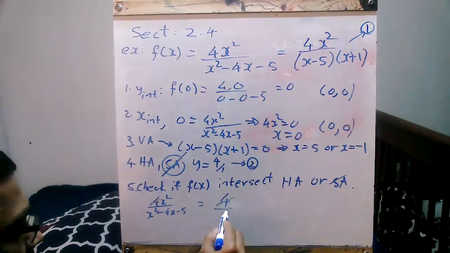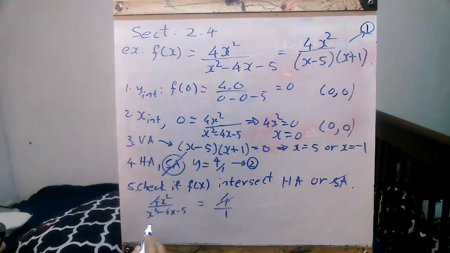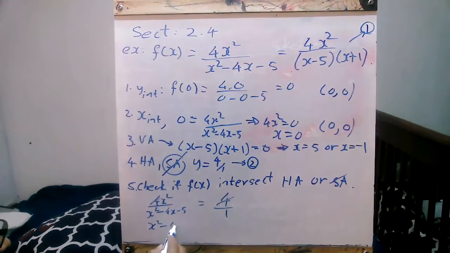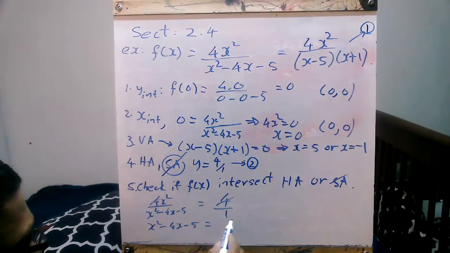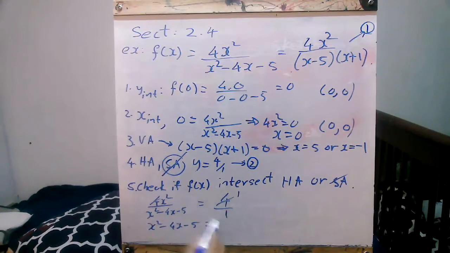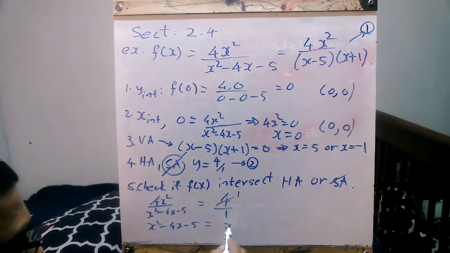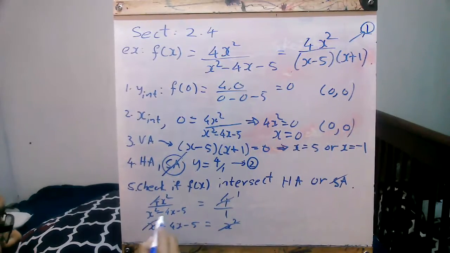This is 4 over 1. Cross multiply, we get x squared minus 4x minus 5 equal to x squared times 1, which is x squared, minus x squared on both sides.